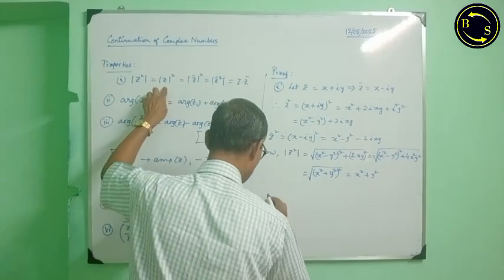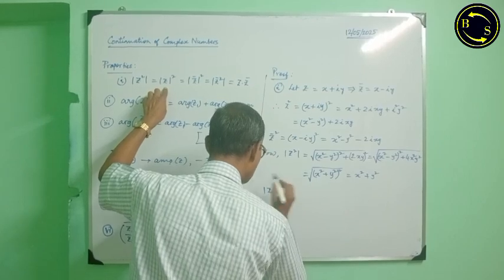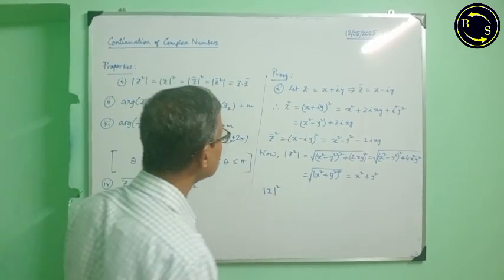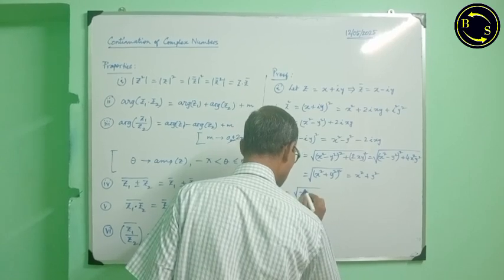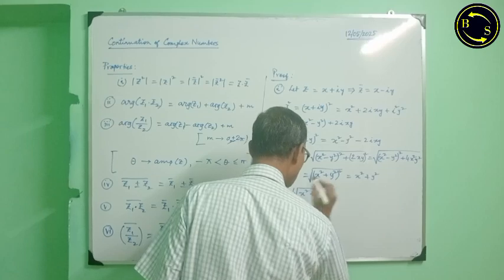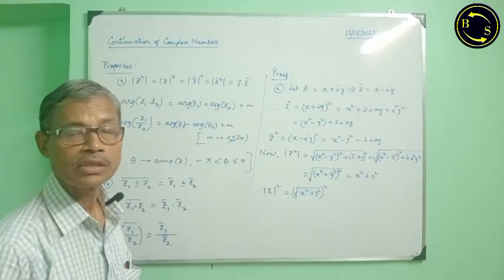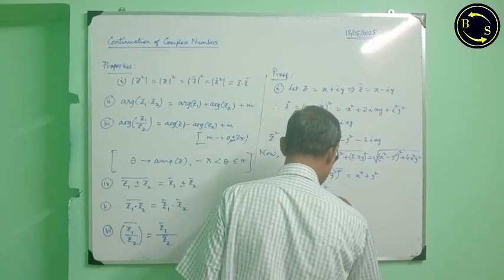Then the square of the modulus of z will be equal to... the modulus of z is root over x square plus y square. Therefore, this one.